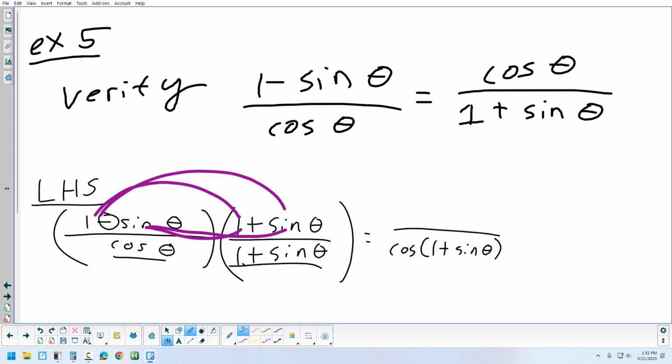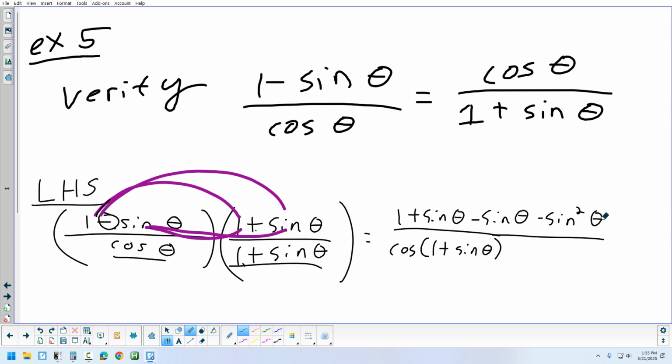What's 1 times 1? 1. And then what's 1 times sine? Sine. And now watch what happens here. What's 1 times negative sine? Negative sine. And what about a negative times a positive? It gives us a negative. And what's sine times sine? Sine squared.